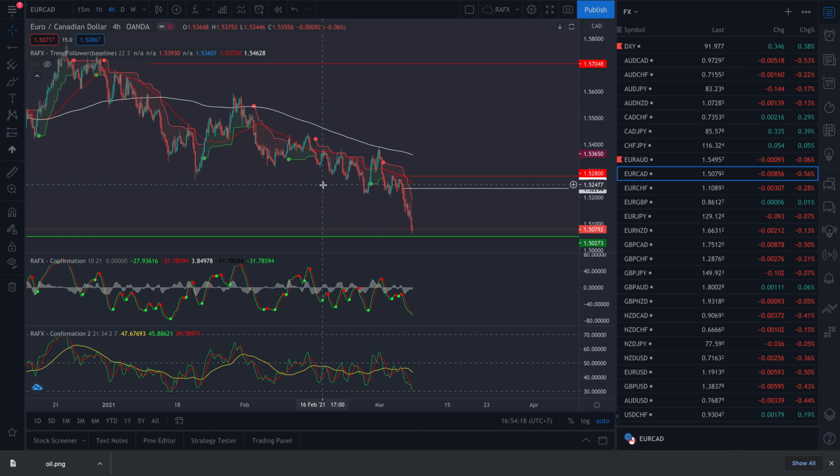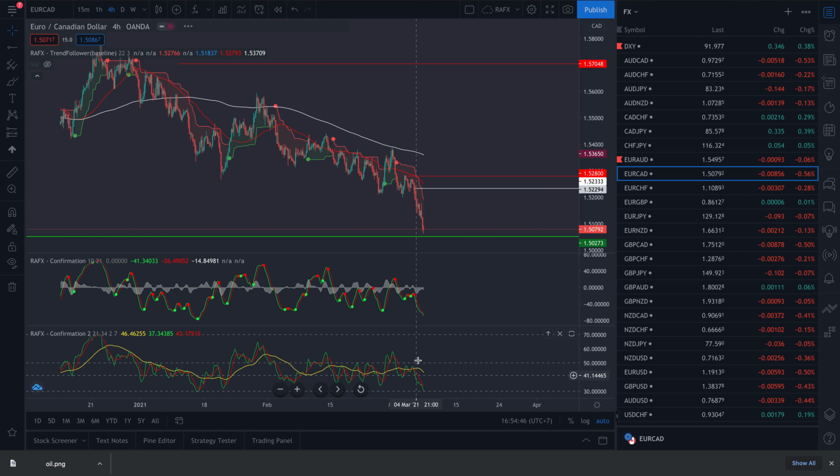In this case, we don't have it yet, because you notice that the price is below the 50 and 200 baseline. The short trend follower indicator is still on, and we don't have any buy signal here, and confirmation 2 is also in the sell signal, meaning we are still good to hold this trade.